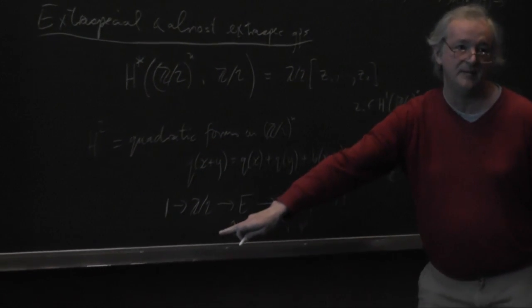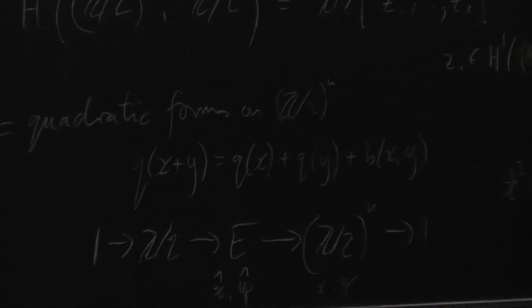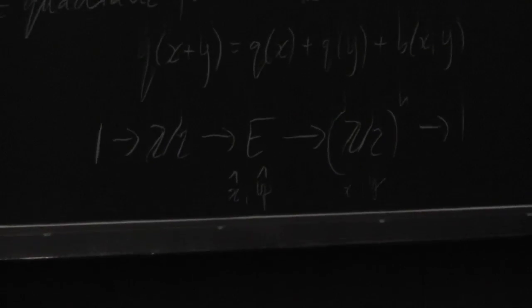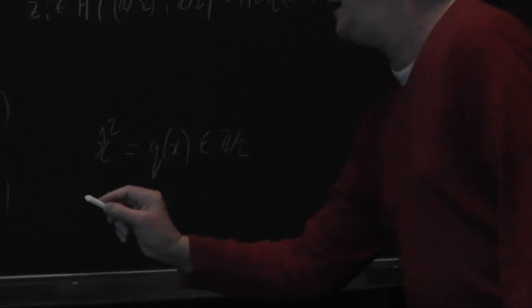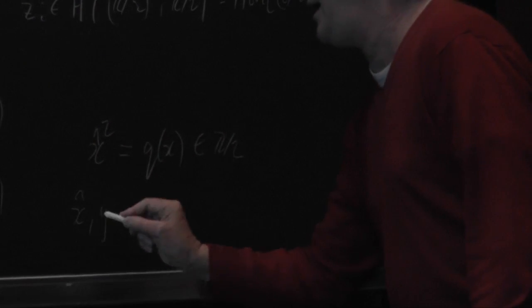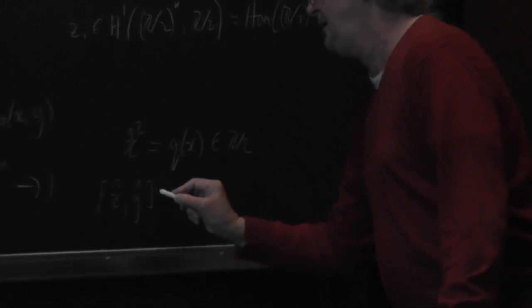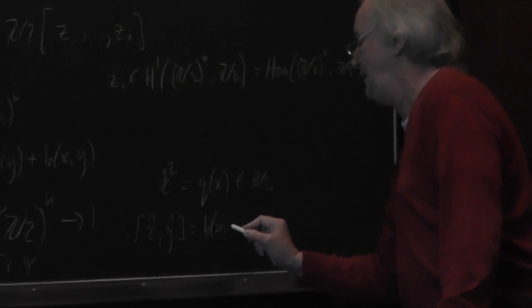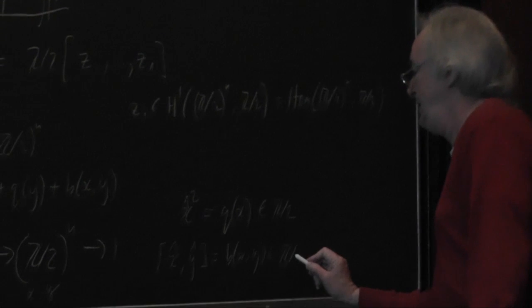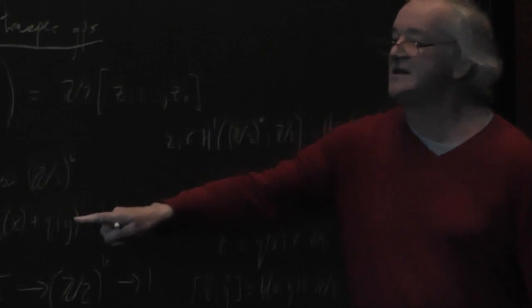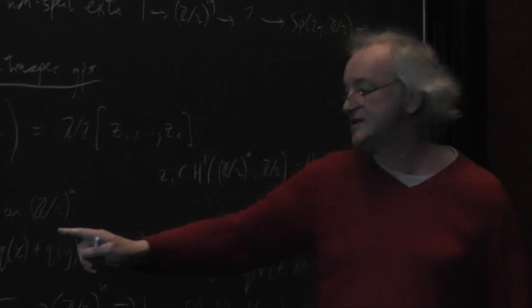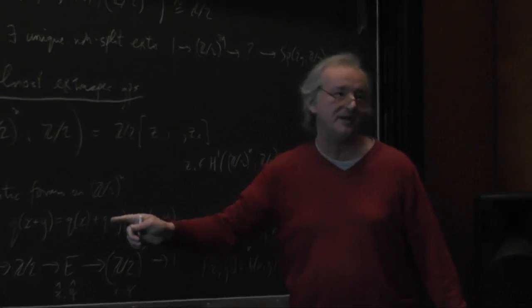It doesn't depend which pre-image I take, and that's just Q of x as an element of Z mod 2, this centre. And x hat comma y hat, the commutator, is just B of xy. So the quadratic form given by the element of H2 just explicitly tells you the squares and commutators in this group.